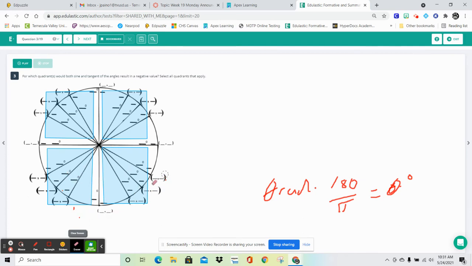So now this question says, for which quadrant or quadrants would both sine and tangent of the angles result in a negative value? So sine and tangent, both of them. Sine is the y value, so that limits us to quadrants 3 and 4.